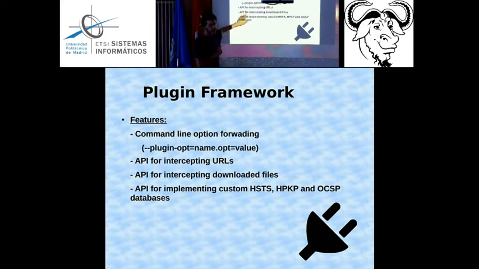This is another API. When you download the file, the plugin framework is able to load it and parse it or do whatever you want. As I said, we already parse HTML, CSS, ATOM and so on, but you can still check the file and add some other URLs to the queue. For example, if you download PDF files and you know what you're doing, you can add a plugin to parse PDFs for URLs and give them back to the WGET engine.